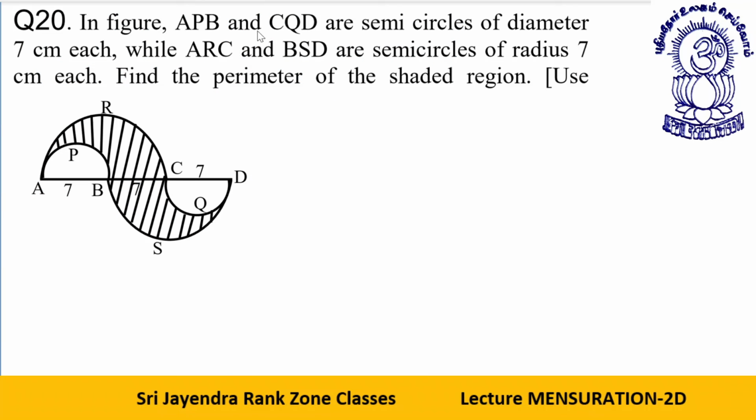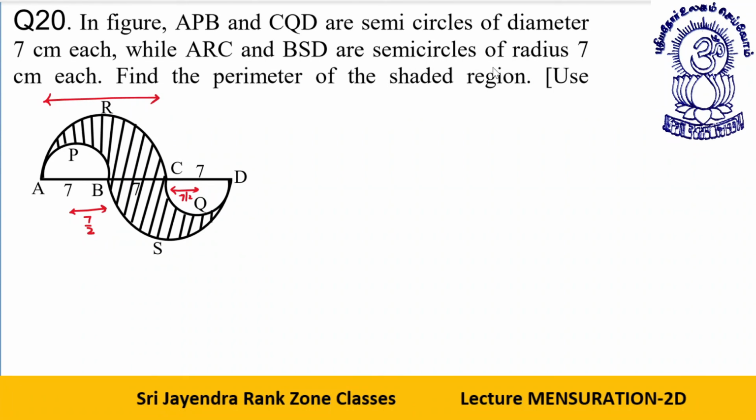In the figure, CQD are semicircles of diameter 7. So this is how much? Radius is 7 by 2. Again over here also this portion is 7 by 2. While ARC and BSD are semicircles of radius 7.